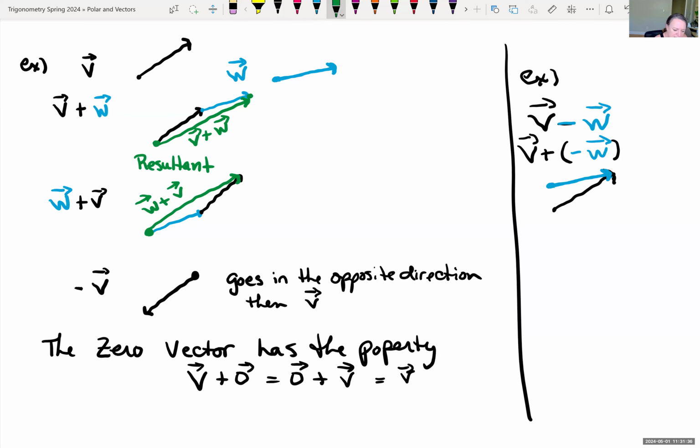And so our resultant then, starting at the initial side to the terminal side, this would be our resultant.